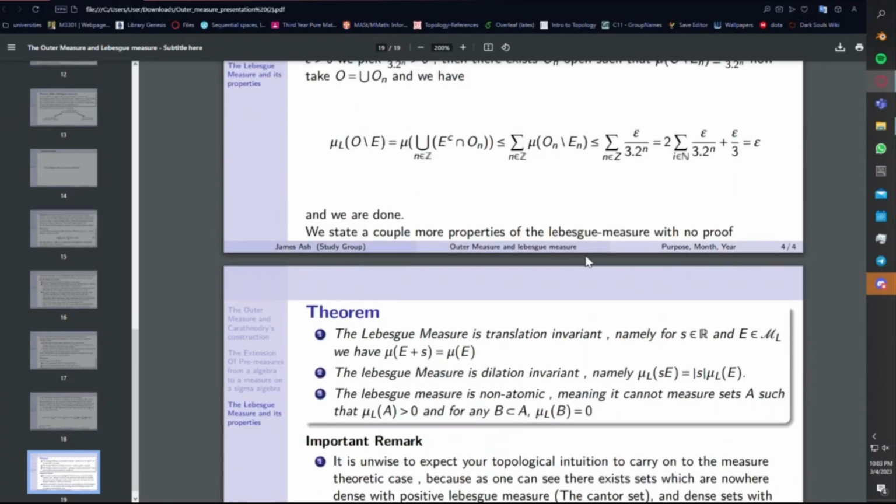So first of all, the Lebesgue measure is translation invariant, which makes sense because if you move a certain interval, or any set, you need to have the same measure with respect to Lebesgue, since it's the same for an interval. If you move a certain interval, you're going to have the same length. So you want this to generalize even further. And it's going to be dilation invariant.